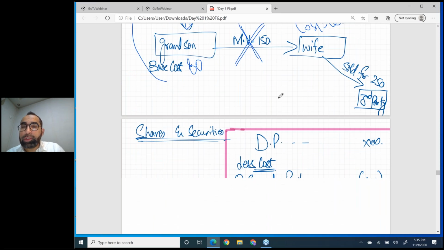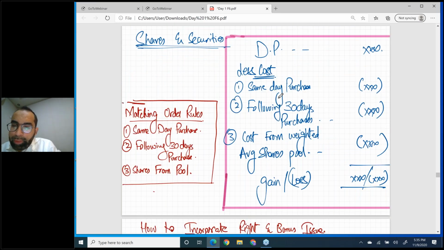We are very close to our questions. Now this is a topic which is called shares and securities. Whenever an individual sells or gives shares, you have to use this format for computing gain.